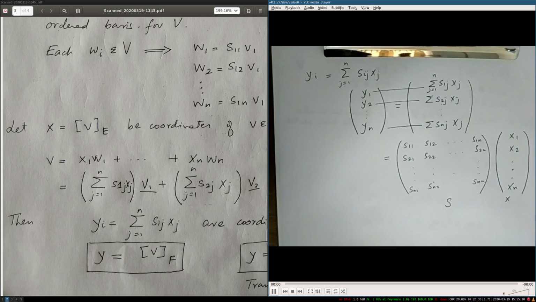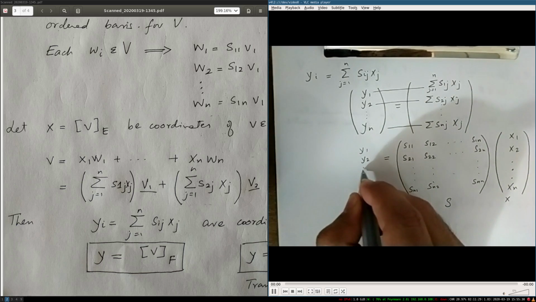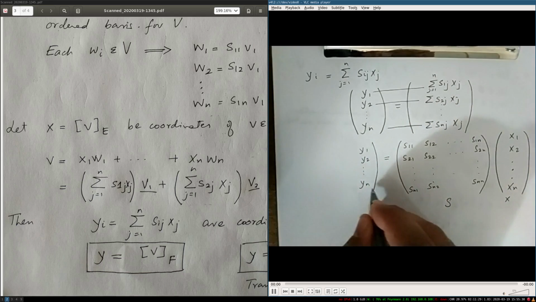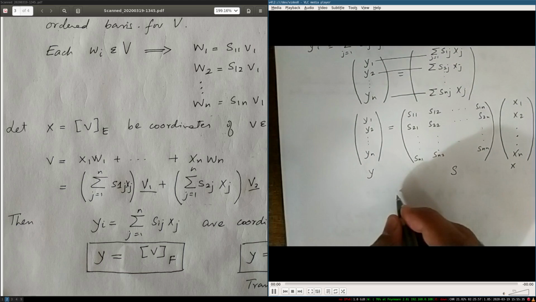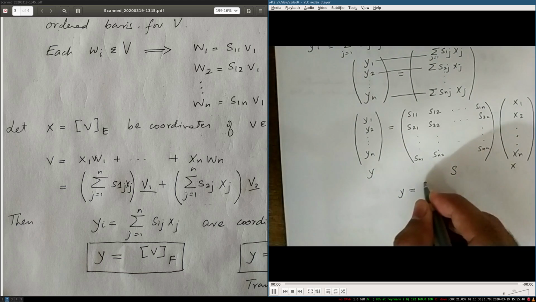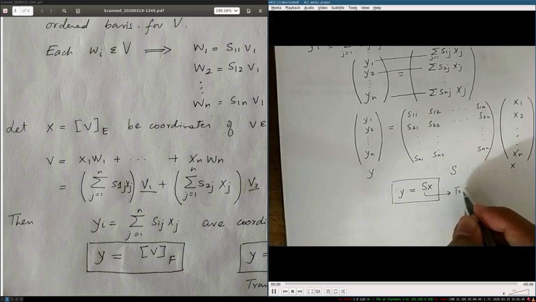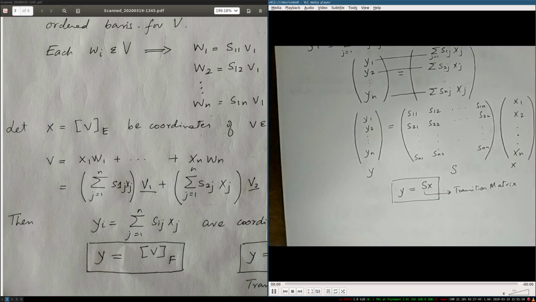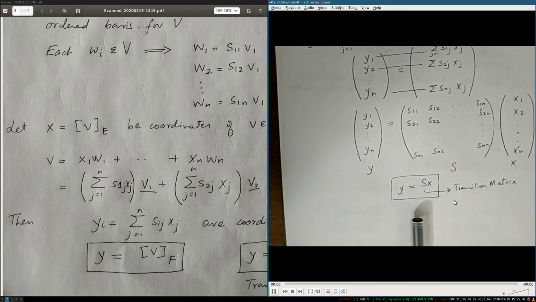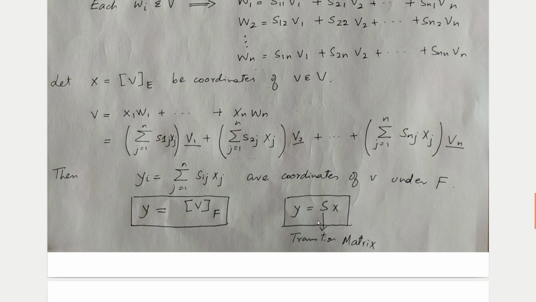And so this is the matrix. You can multiply this whole thing and check that this and this is just the same thing. And I highly recommend that you do that so you understand what's going on much better. Okay, so we've now been able to write y as S times x, where S was the transition matrix. So there you go, that's the transition matrix.